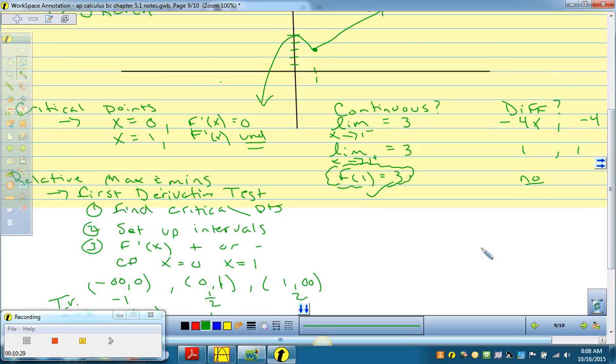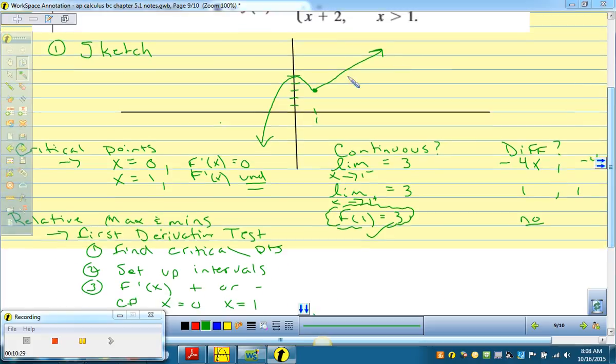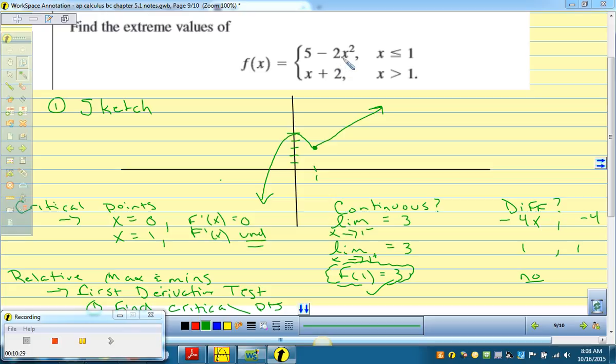I get a positive there. Because we are plugging into that one. So on our 1/2, 1/2 squared is what? 1/4, and 2 times that, we still end up getting that.